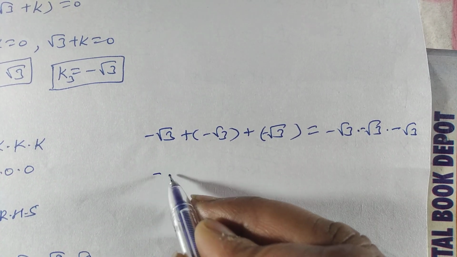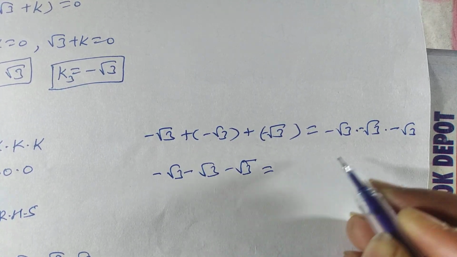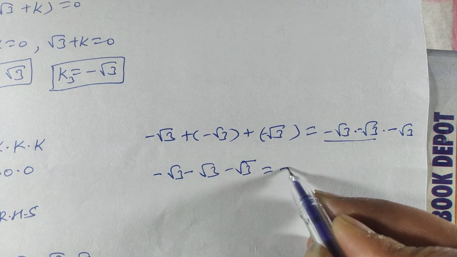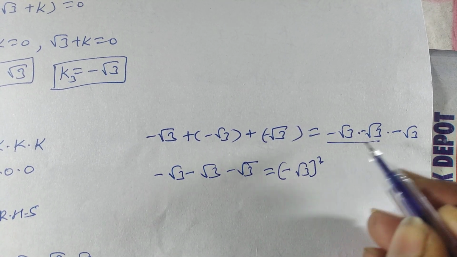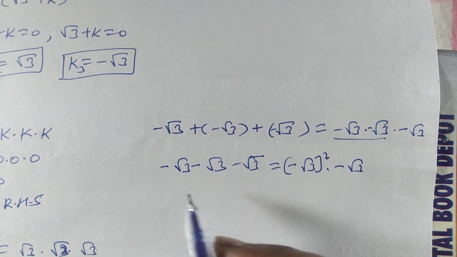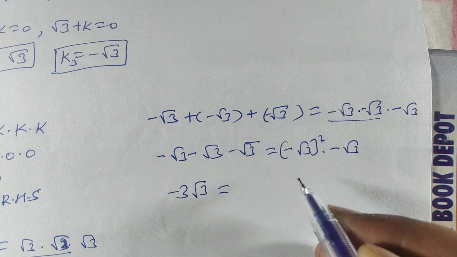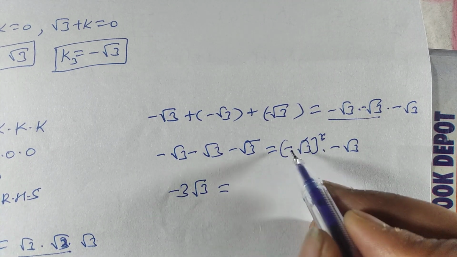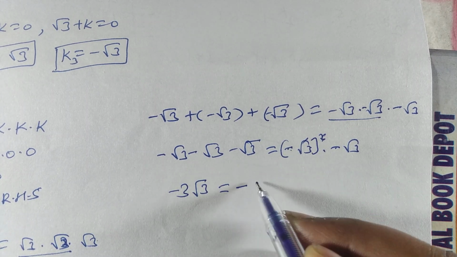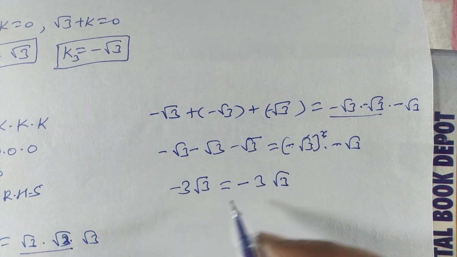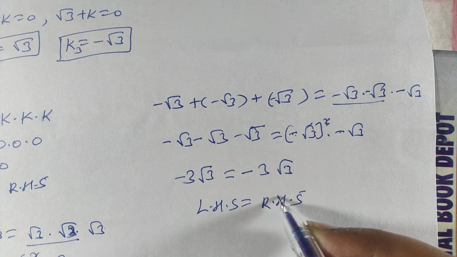Adding, minus 3 square root of 3 is equal to minus square root of 3 square into minus square root of 3. The square and square root cancel, plus times minus gives minus 3 square root of 3. LHS is equal to RHS. Left and right sides are equal.